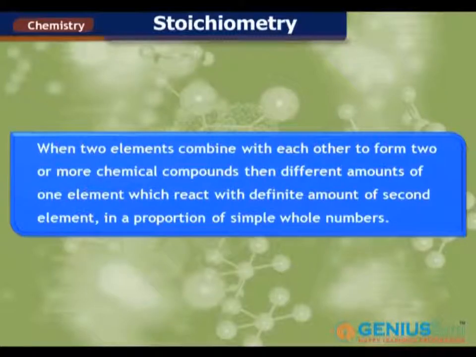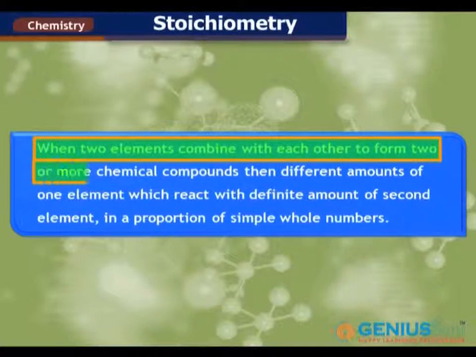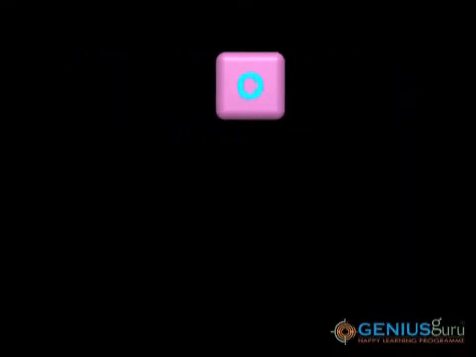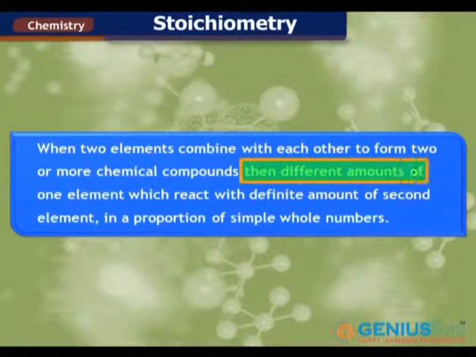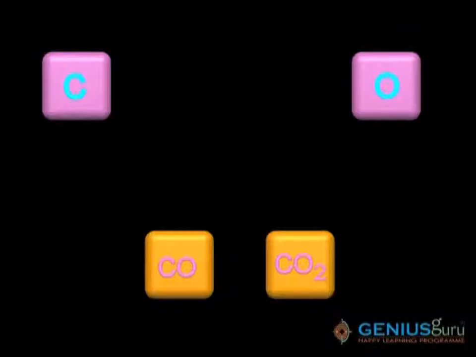What the law of multiple proportions says is that when two elements combine with each other to form two or more compounds, here carbon and oxygen react to form two compounds, one is carbon monoxide and the other is carbon dioxide, the different amounts of one element which react with a definite amount of the second element are in a proportion. Here the element we have chosen is oxygen.